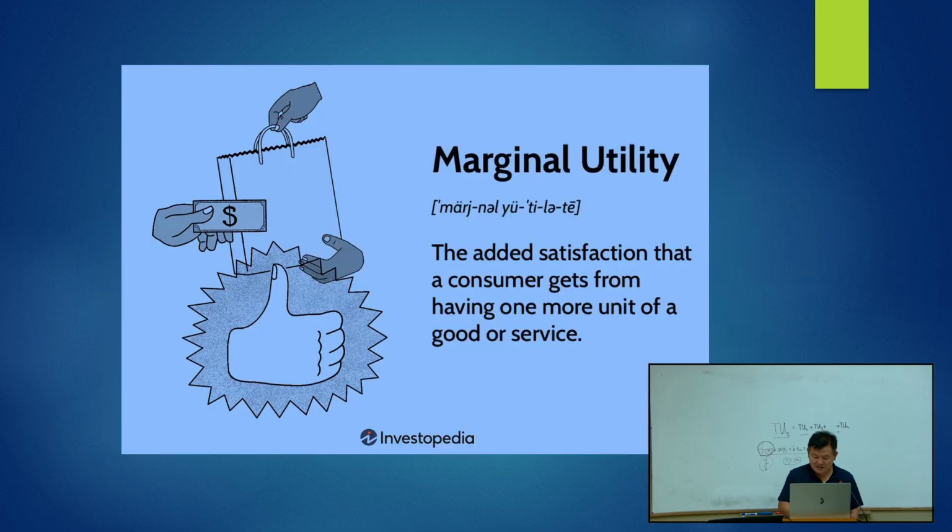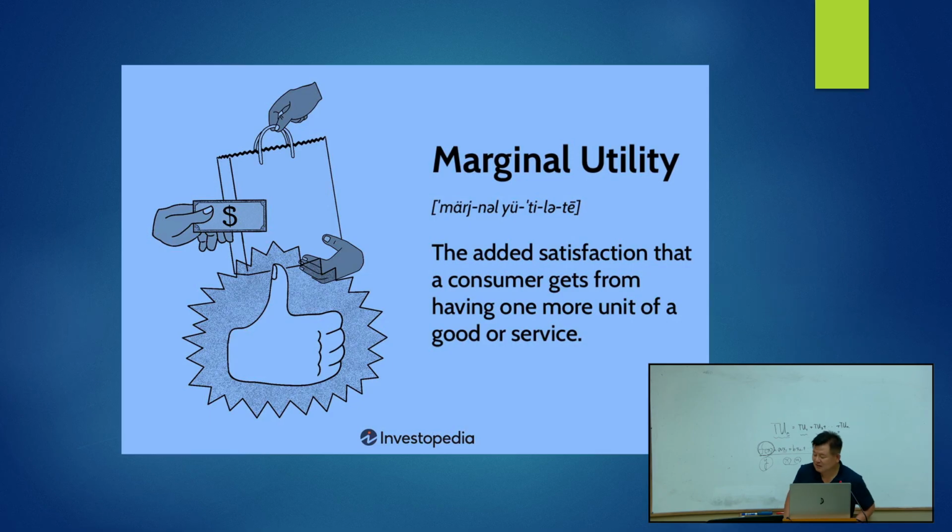Anyway, the next concept after ordinal utility, cardinal utility and total utility, and the more important thing, is marginal utility: the added satisfaction that a consumer gets from having one more unit of a good or service.